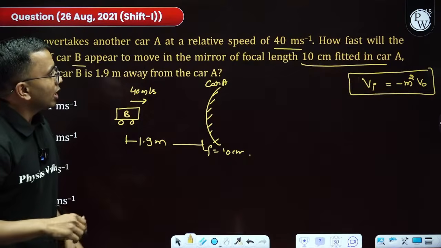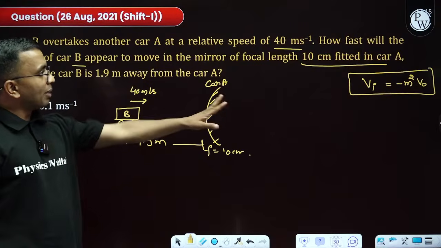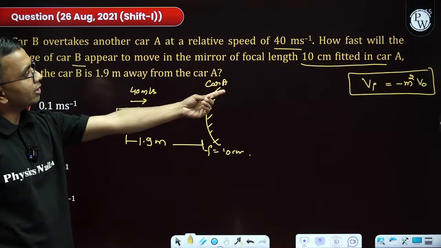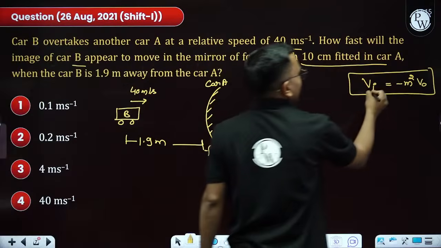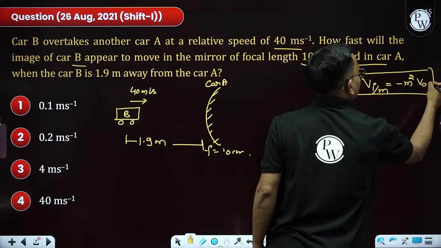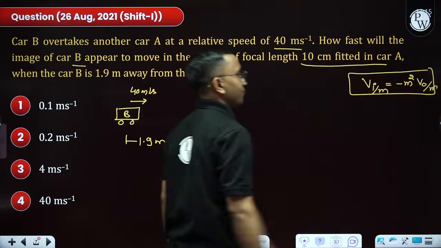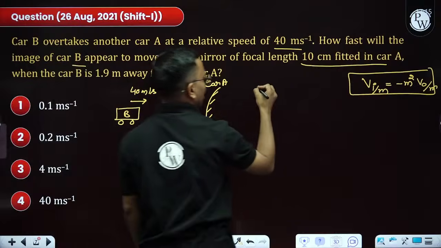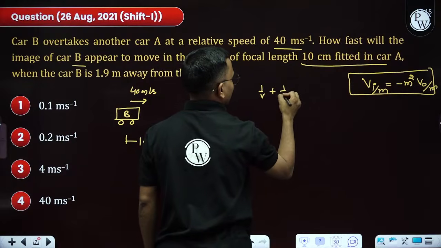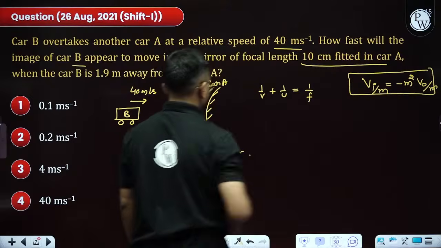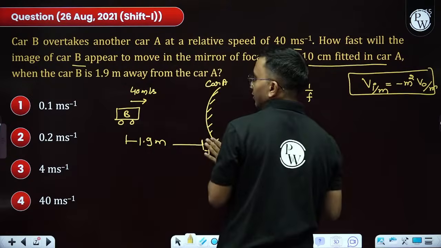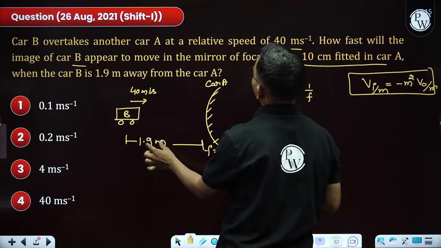This we got. Now basically I need magnification for this condition, and these are velocities with respect to mirror. So I need magnification, so use the mirror formula. 1 by V plus 1 by U is equal to 1 by F. What is V? We need to find. What is U? U is 1.9 meter.